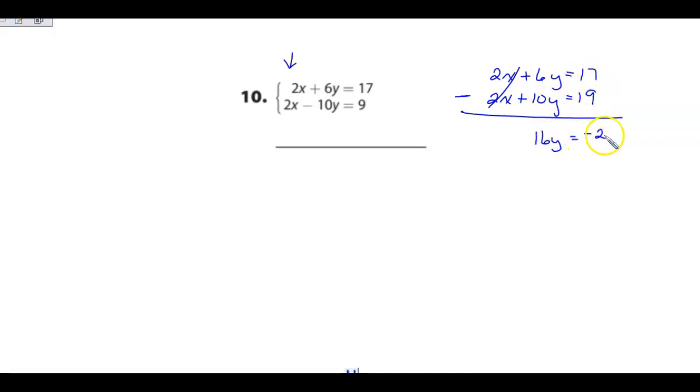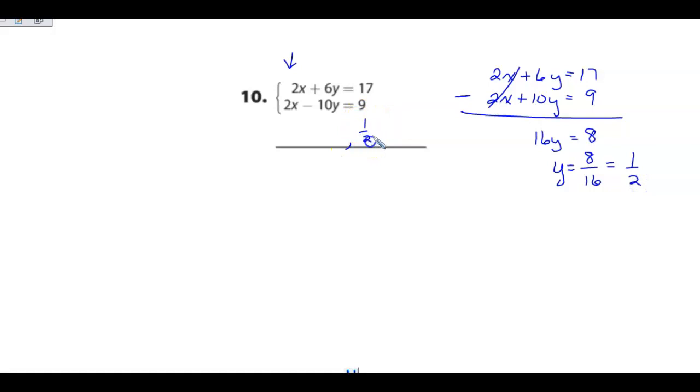Oh, I found an error. Something didn't seem right. So I went back and I looked, and this is a 9, not 19, and that will change this answer here. So we have 17 minus 9, and that's 8. Now when I divide by 16, I get 8 over 16, which is the same as 1/2.